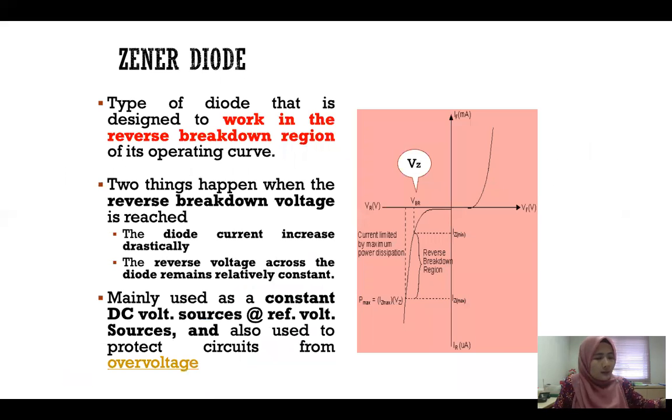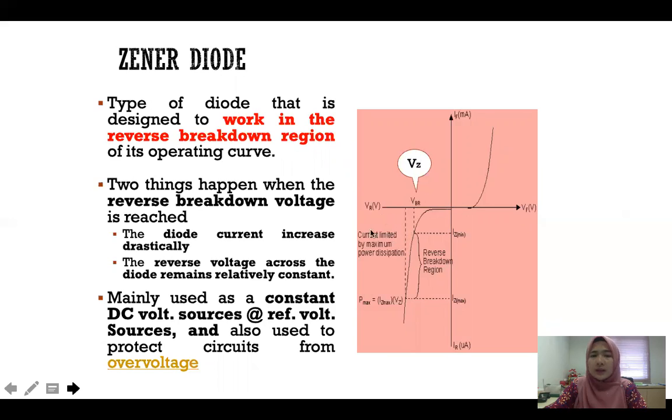Now let's look at the Zener diode. So what is a Zener diode? Remember this VI characteristic. You have forward bias, reverse bias, and you have the breakdown region. A normal diode can only work in forward bias and reverse bias.